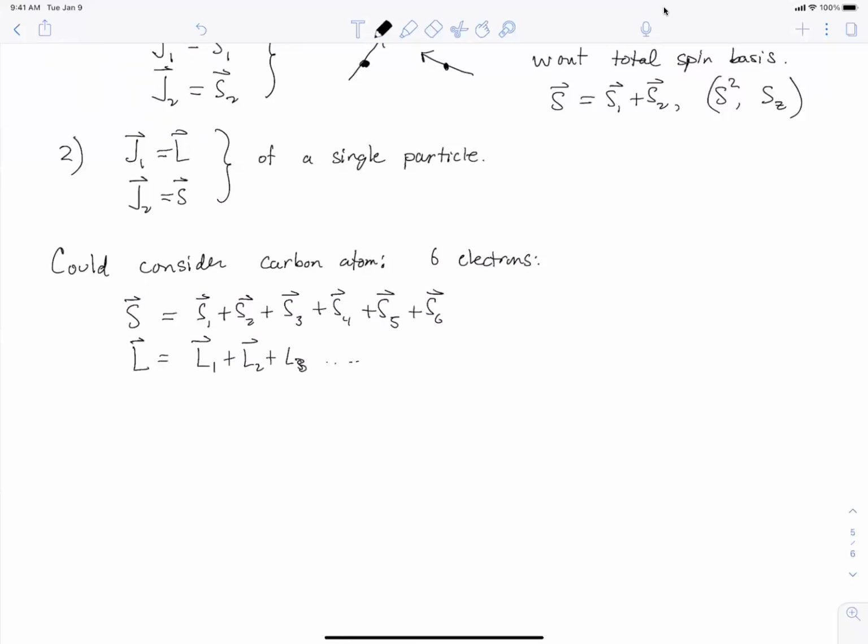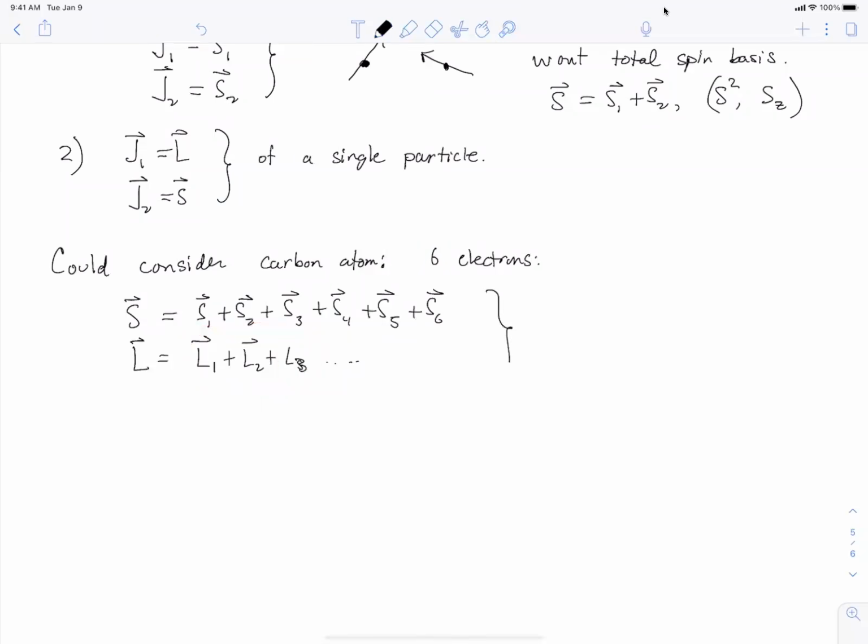Okay, and so one can do this by first combining those two spins, then adding in this spin, then adding in that spin, and you keep going, and then you do the same thing with the orbital. And so you have to do this many times in principle.